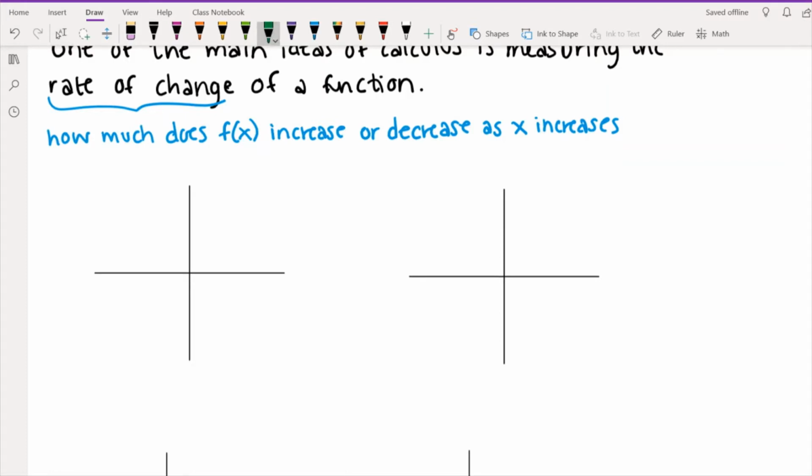So for example, if you have a function that looks like this, let's say that this is a function called f of x. This would be an example of a function that has a positive rate of change, because as you go from left to right, the function is increasing. So this is a positive rate of change.